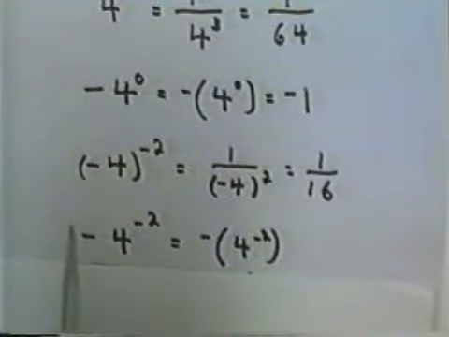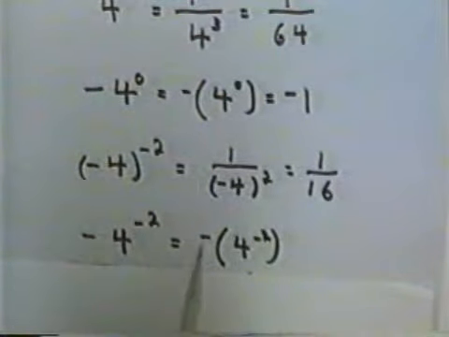Now what happens if the negative is outside, or what happens if you do not have parentheses? If you do not have parentheses, you leave the negative outside the parentheses. So be sure, if you do not have parentheses, to put them in. When you put them in, the negative will stay outside. So I work inside symbols of inclusion first. I do the 4 to the negative 2 first.